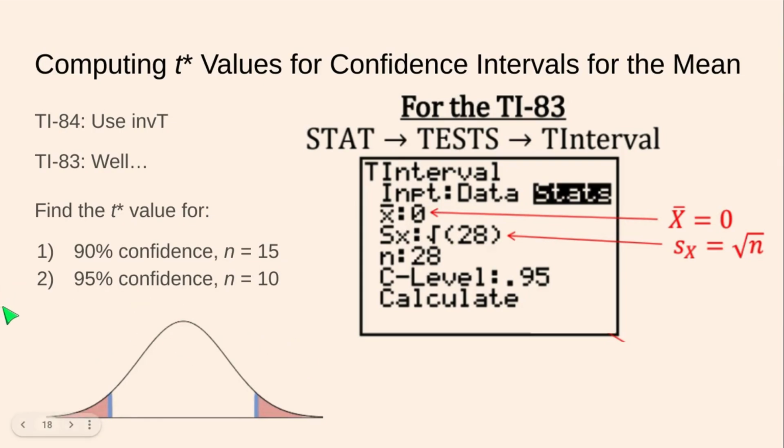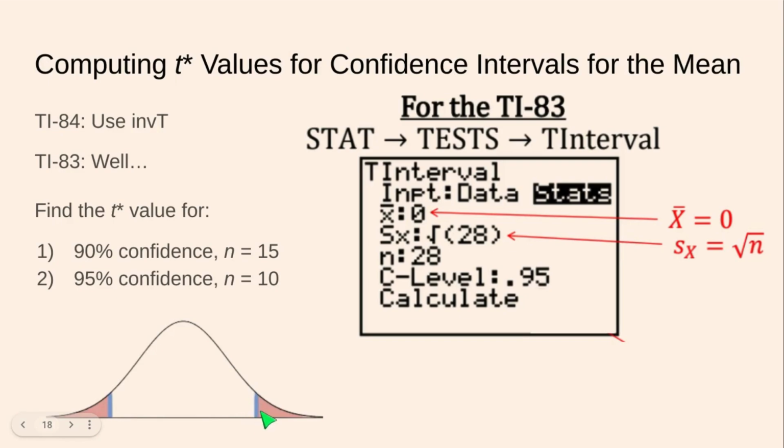So if I'm starting from the far left, which is what inverse T does, I'm going to chomp this first 5% and then the 90%, and that would leave 5% left over. That will find this cutoff.